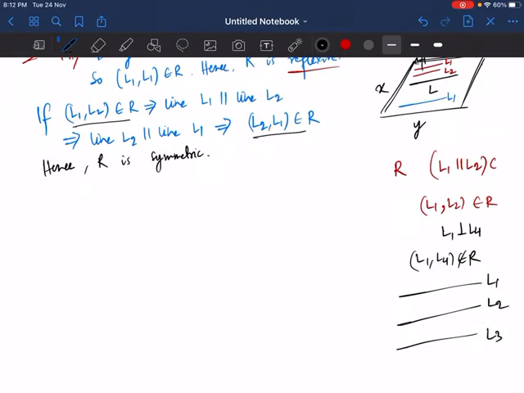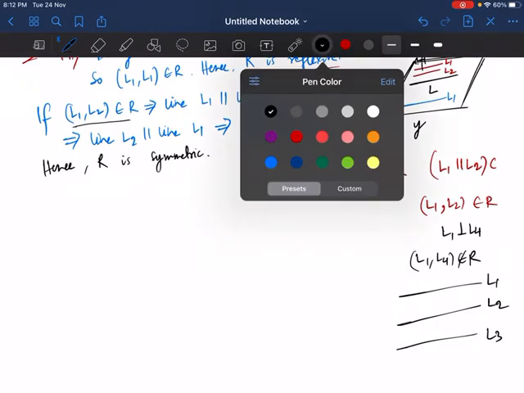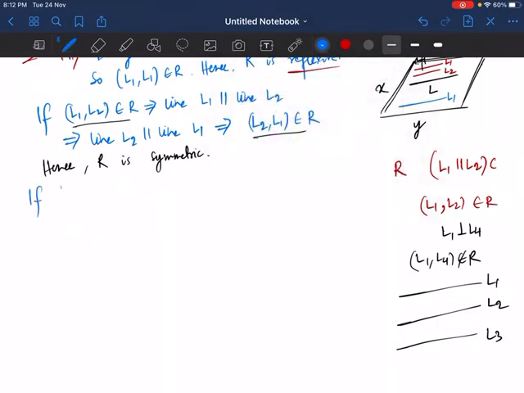So what we are going to write is, if (L1, L2) element of R and (L2, L3) element of R, what does this, both of them, imply?